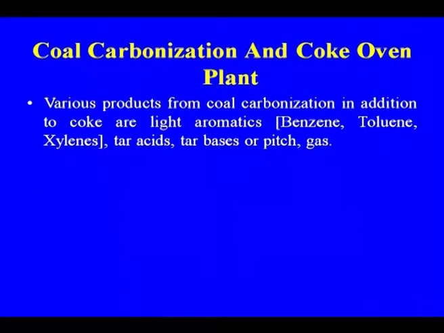Various products from coal carbonization in addition to coke are light aromatics, that is benzene, toluene and xylenes. These were the earlier source of aromatics before the coming of the petroleum refinery. Now we make aromatics from the catalytic reforming process. Other products are tar acids, tar bases and pitch.